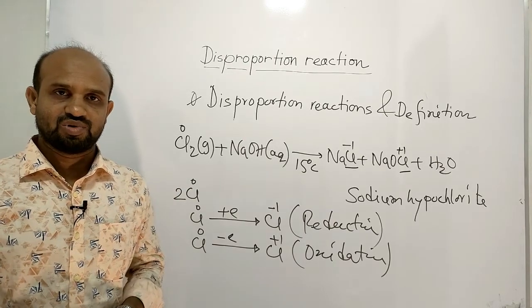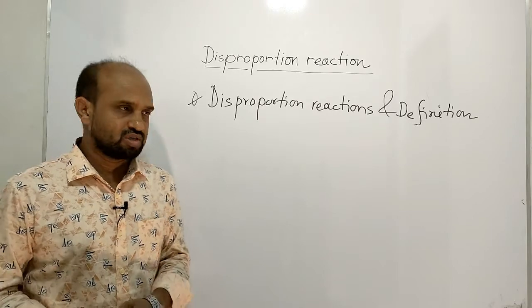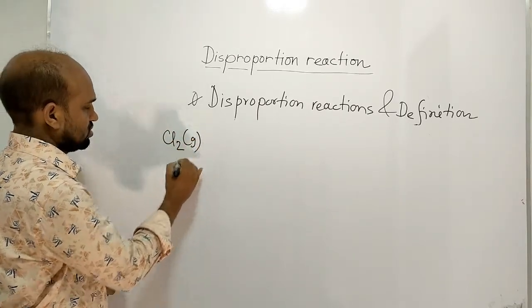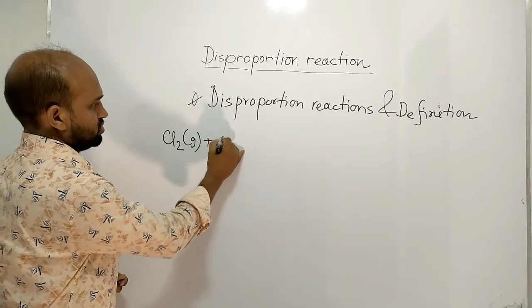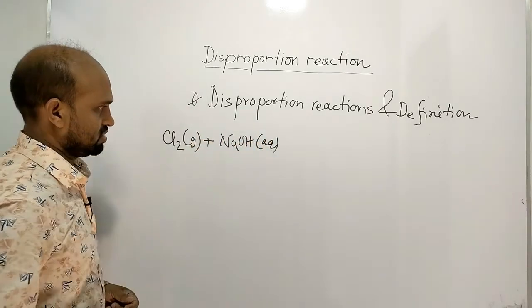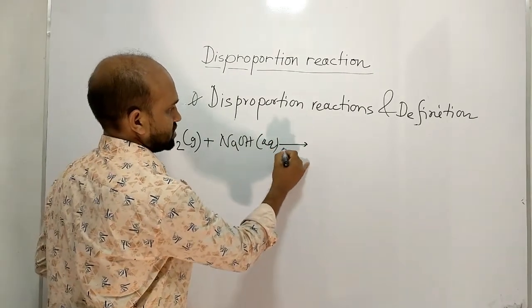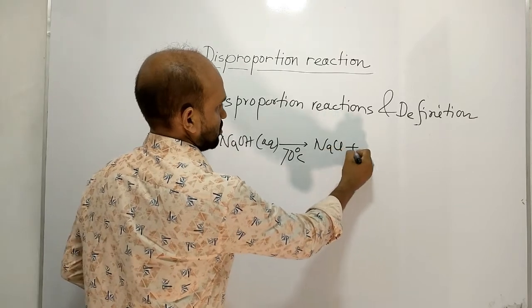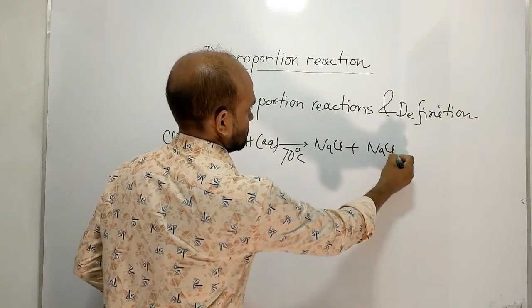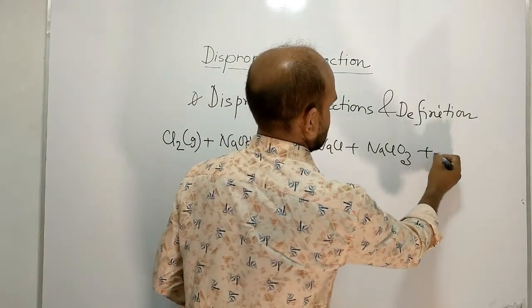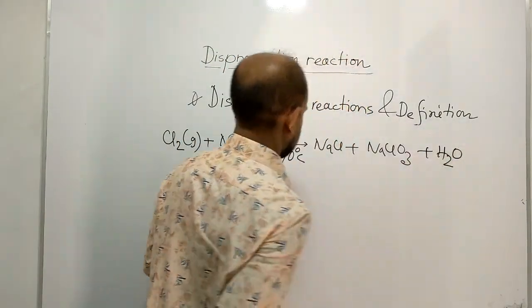Let's see another example. Now the example is when chlorine gas is passed through sodium hydroxide at a temperature of 70 degrees Celsius, then sodium chloride, this is sodium chlorate, and here water.